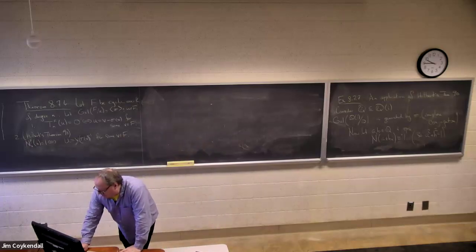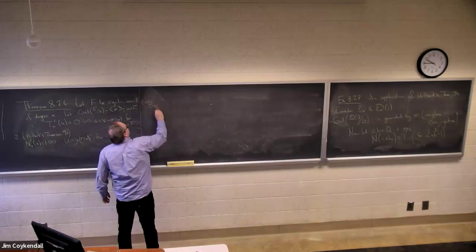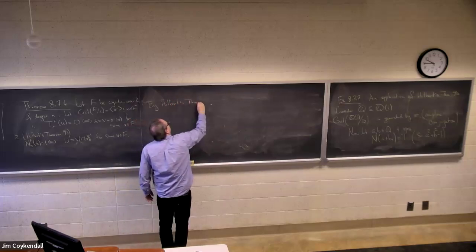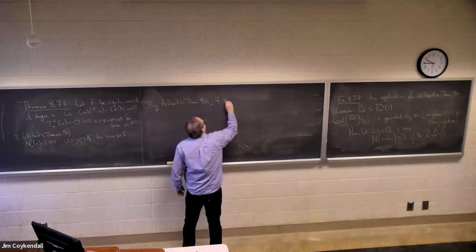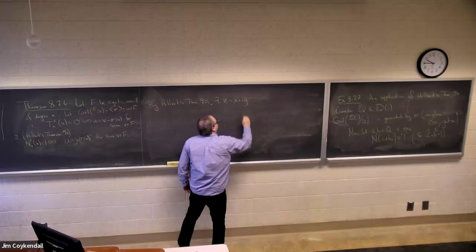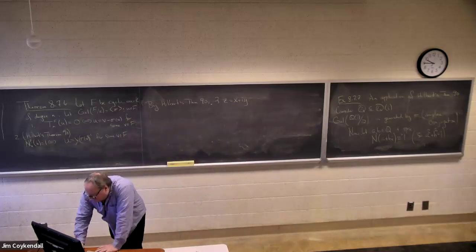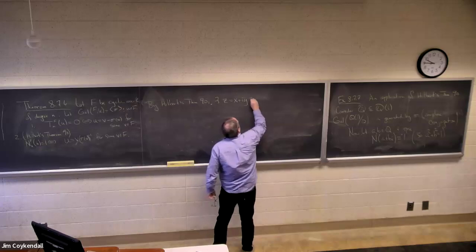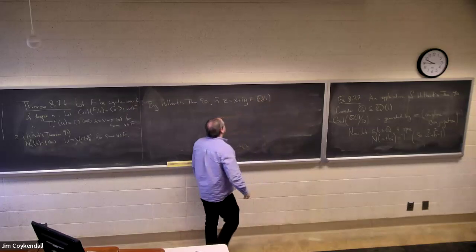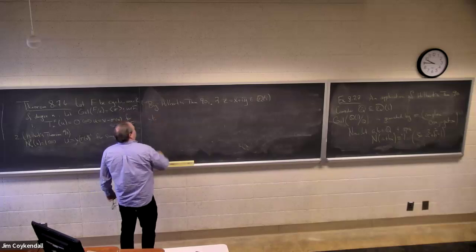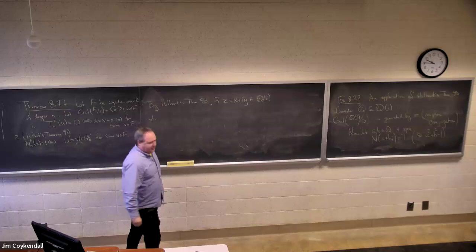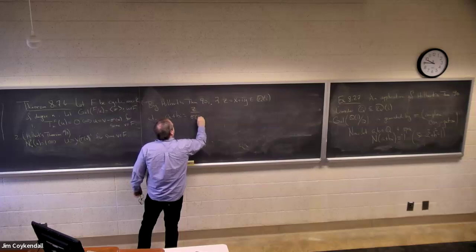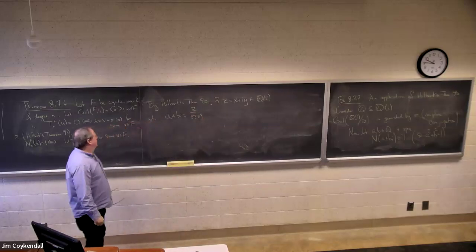By Hilbert's theorem 90, there exists c in Q(i) such that this element a plus bi is c over c-bar.